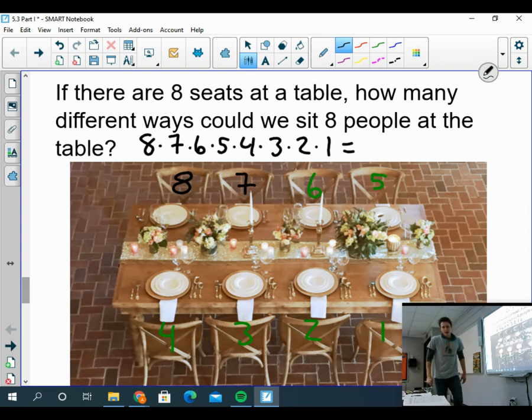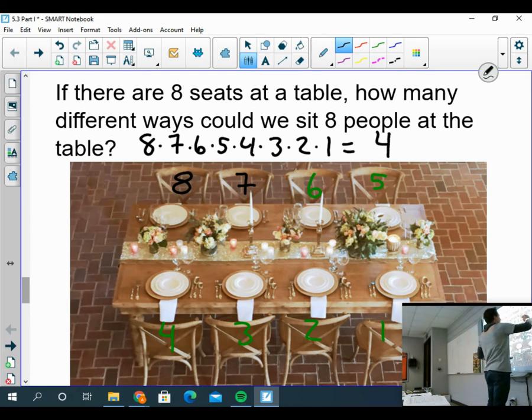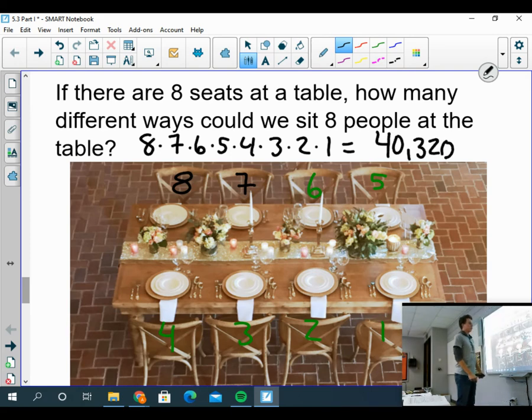When we multiply it out, if you do that in a calculator, you get 40,320 different options. 40,000 different ways I could seat 8 people at a table with 8 chairs.